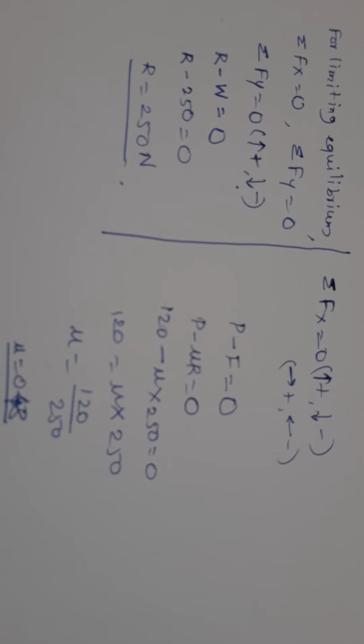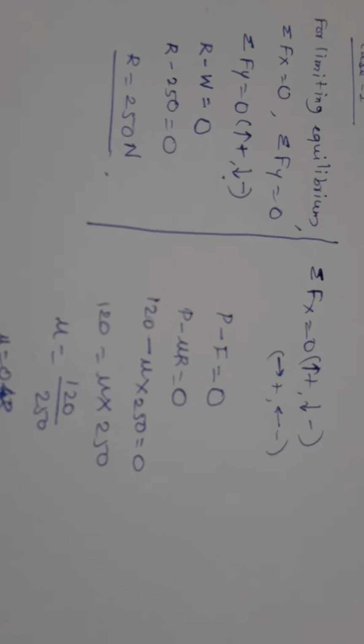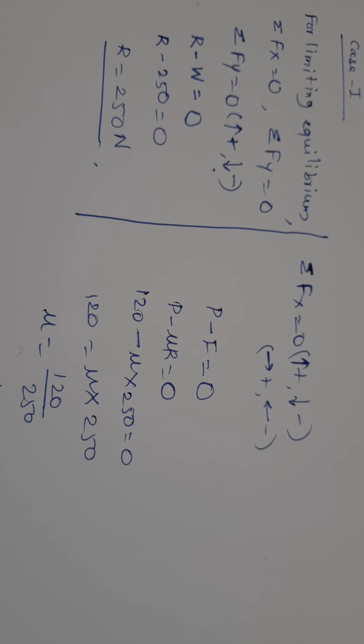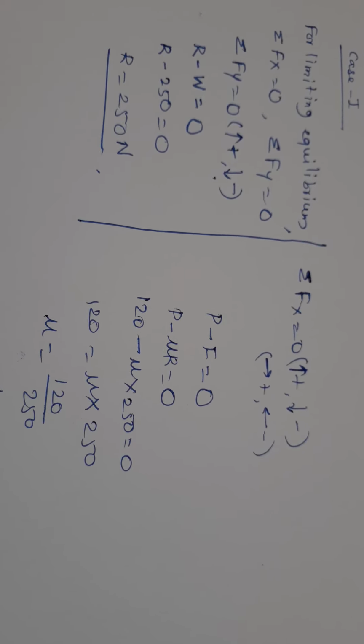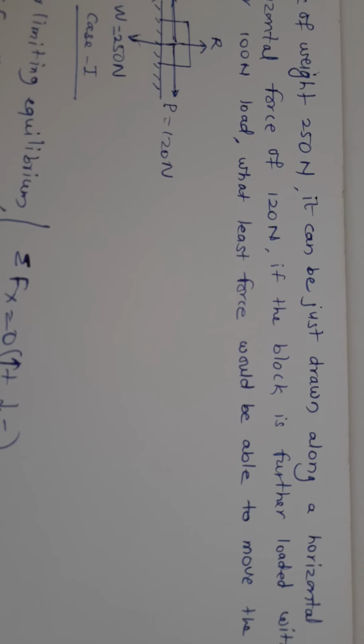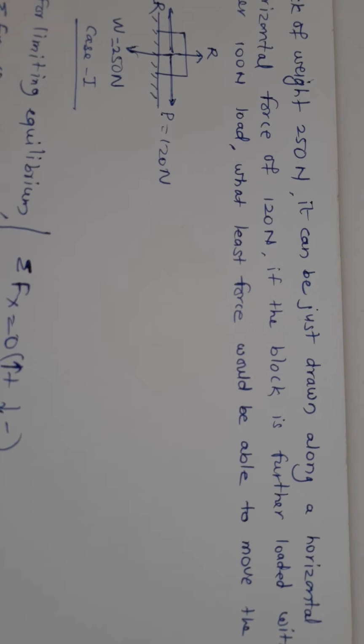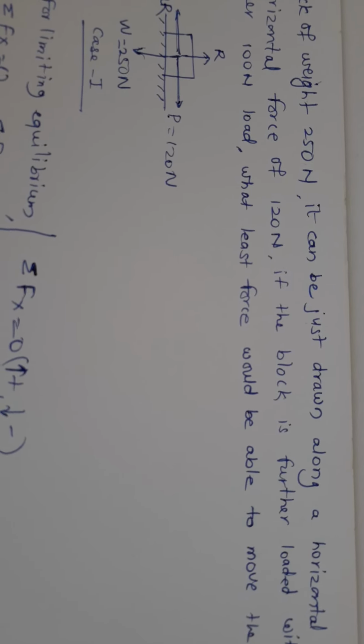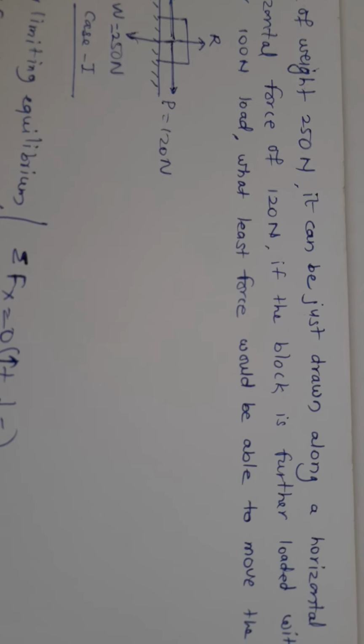Now we have to find the least force that would be applied on the block when one additional block is added on this block. Again we will draw the free body diagram by adding one more block above this block, which is of 100 Newton weight.